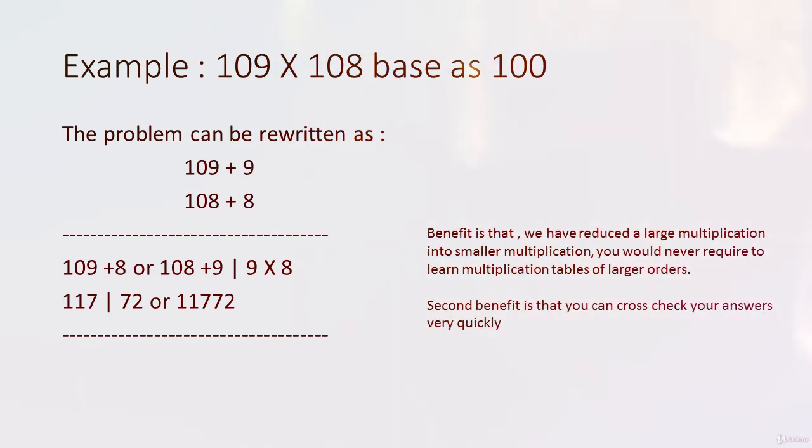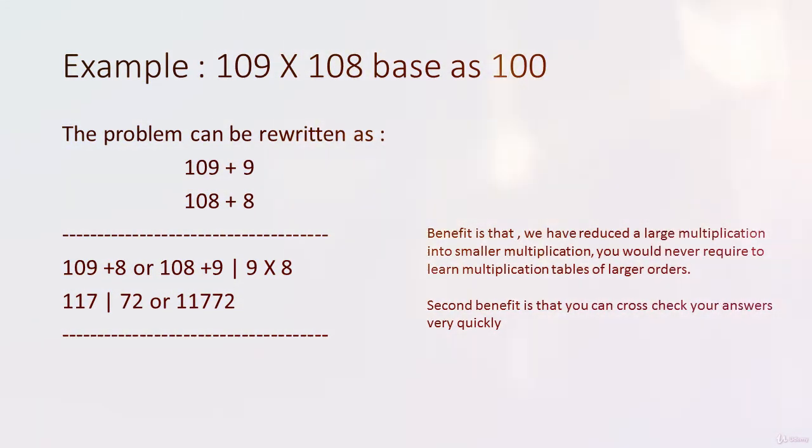We will do the cross addition. So 109 plus 8 or 108 plus 9. Both will give you the same answer, that is 117. So 117 becomes the left hand side portion of the answer.